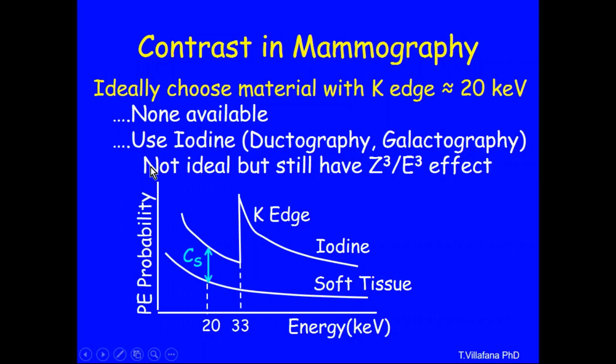Yet we use iodine as the material, in ductography and galactography, and it's not ideal. You haven't gotten resonant absorption. You're not utilizing the K-edge. But here I just want to demonstrate that even though you're not getting the K-edge contrast, you are getting enhanced contrast.